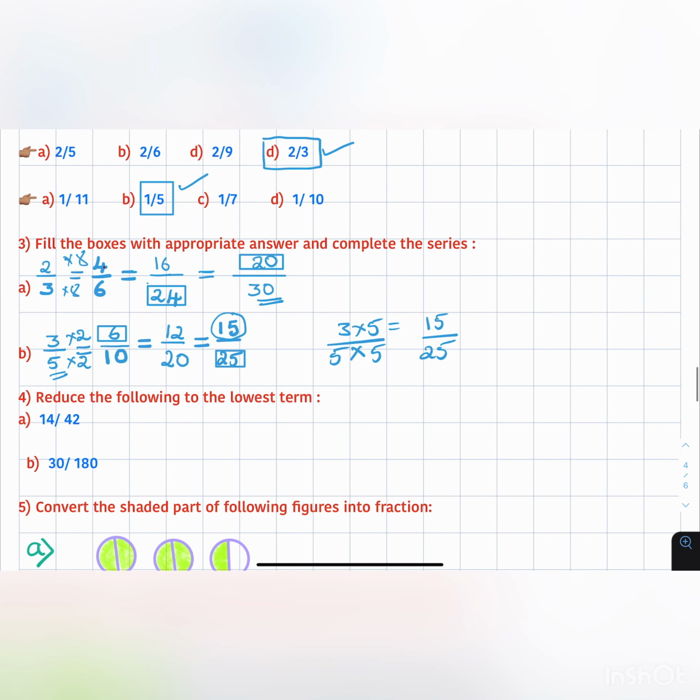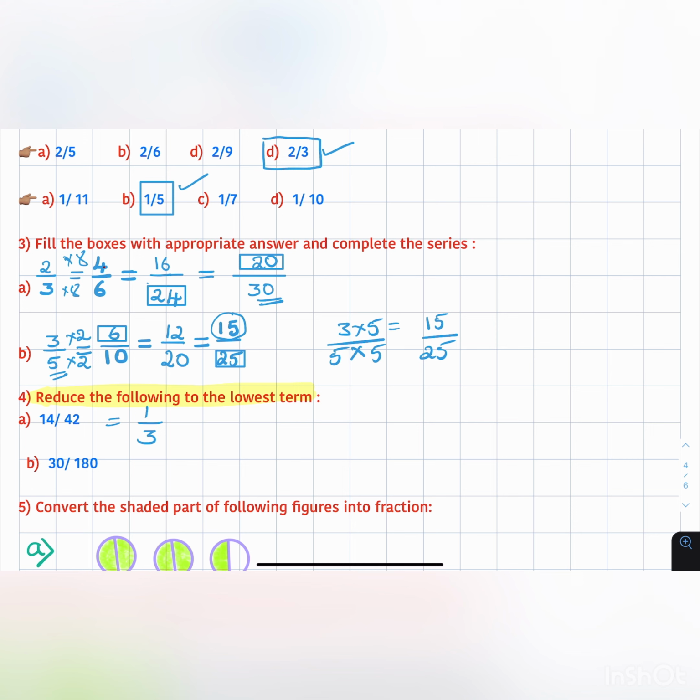And then the next one, reduce the following to the lowest term. So we have to reduce the following to the lowest term, and it will be 14 by 42. So 14 ones are 14, threes are 42.